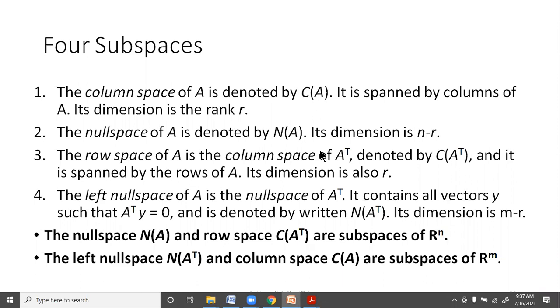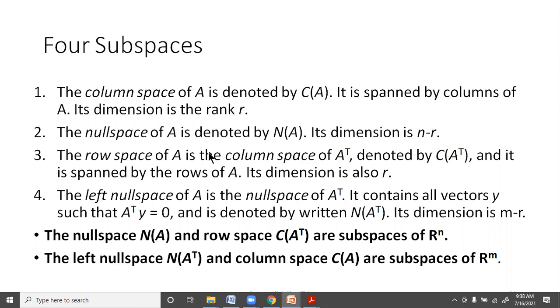We have a procedure for finding the column space, so you find the transpose of A and then find its column space, and that will correspond to the row space. This is denoted by C of A transpose.